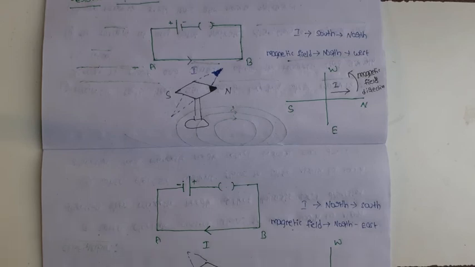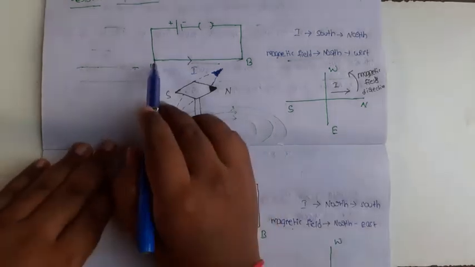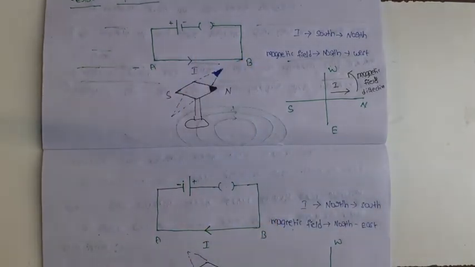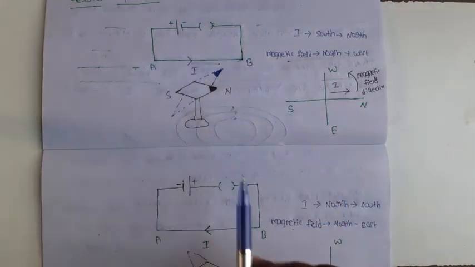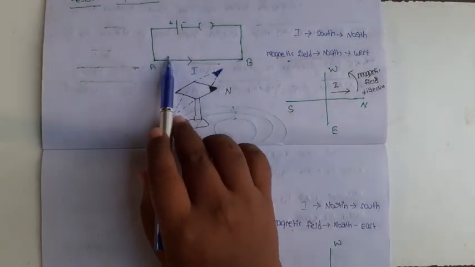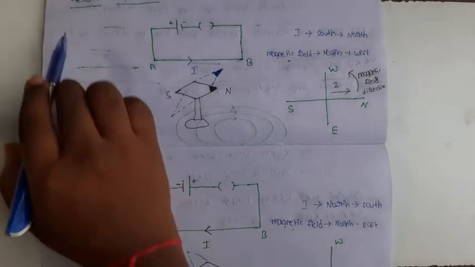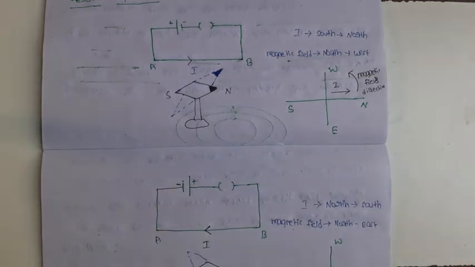If the two poles are unlike, they attract each other. So here the answer is, the electric wire behaves as a magnet when current flows in it. That is the very interesting thing observed by the scientist Oersted.